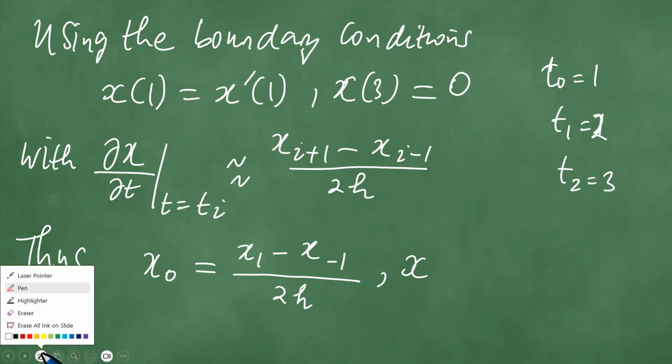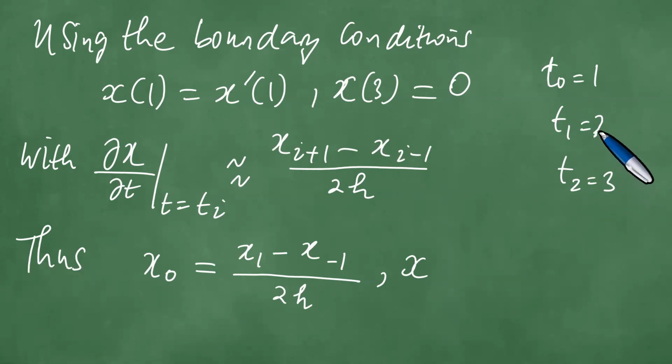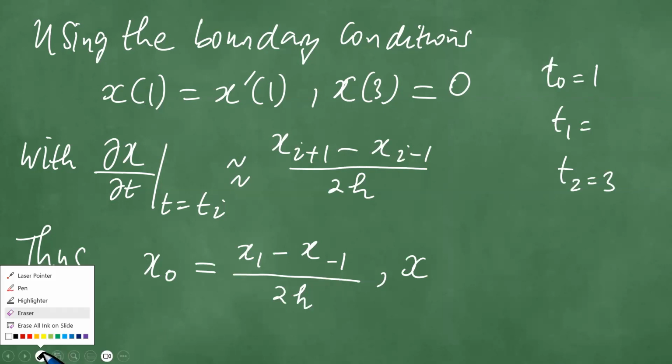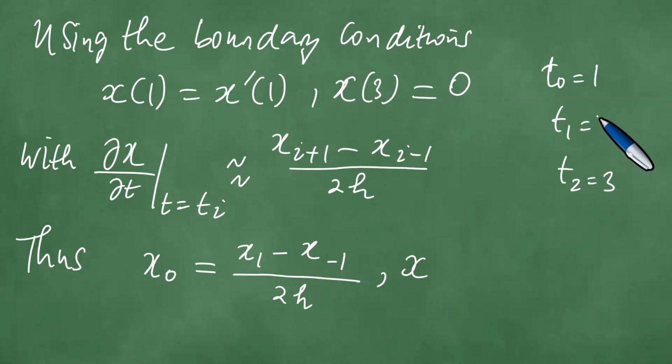So now this is 2 here. Like this: t0 is 1, and then you add a 1, you get a 2, you add a 1, you get a 3, which is corresponding to this.